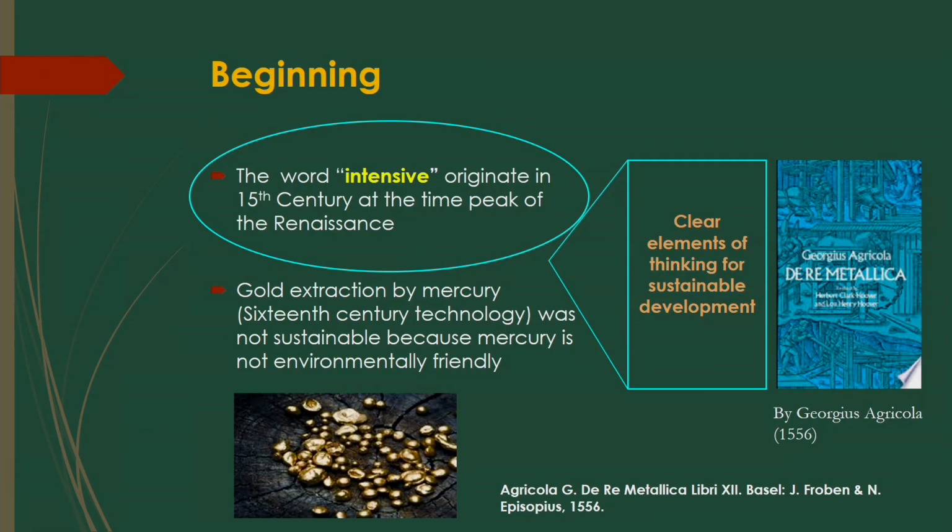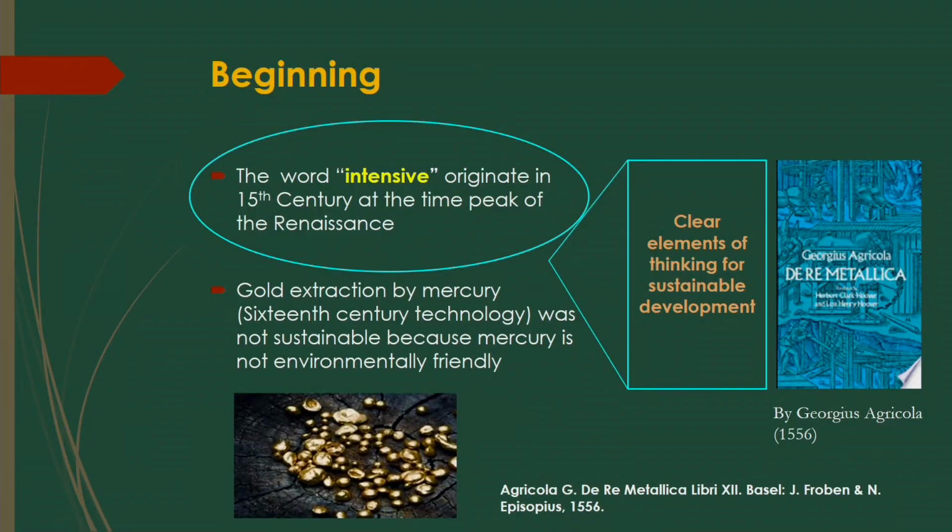In that period Georgius Agricola published one book, rich in descriptions of different metallurgical processes, and he described the old processes of metallurgy by which they could extract different materials from the lesser materials or ores that were available.